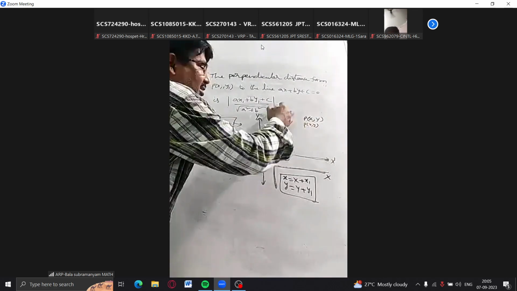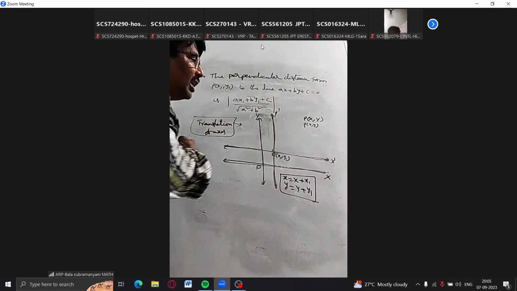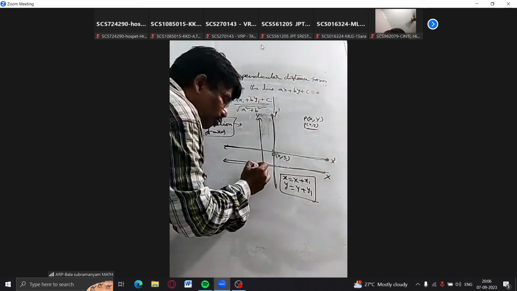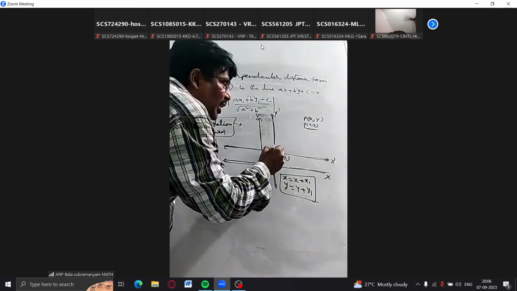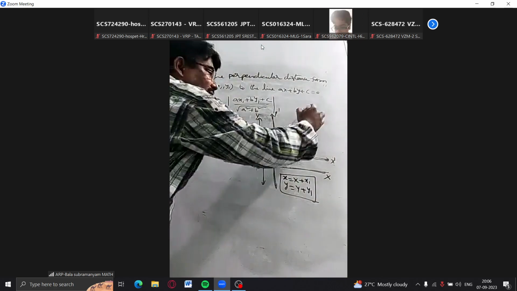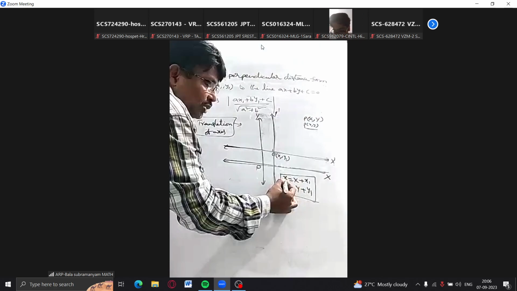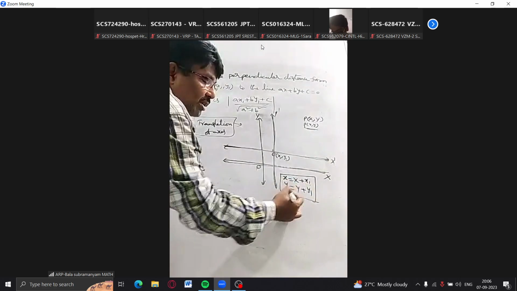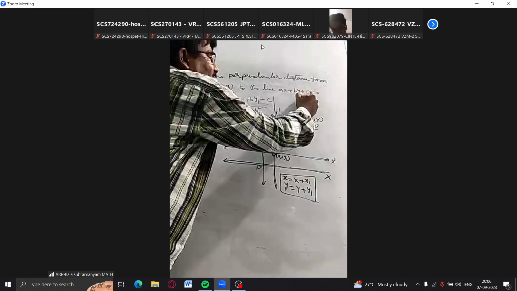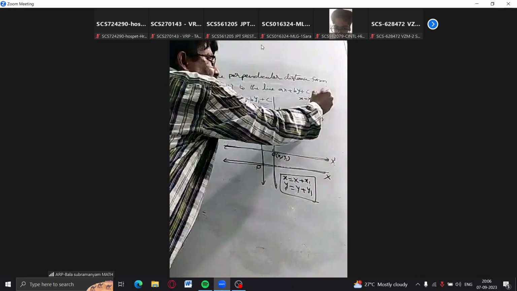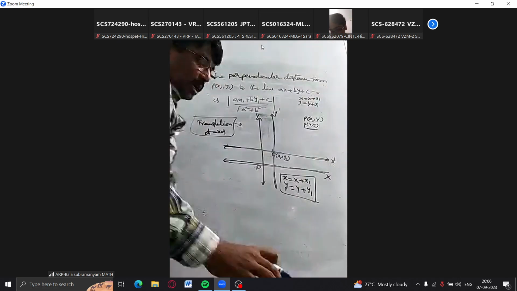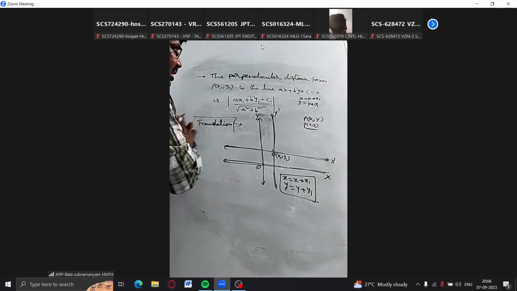Here x dash, y dash is the new system. In the old system, the coordinates of P are small x comma y; after the shift they change to capital X comma capital Y. The relation is small x is equal to capital X plus x1, and y is equal to capital Y plus y1. This is the translation of axis.